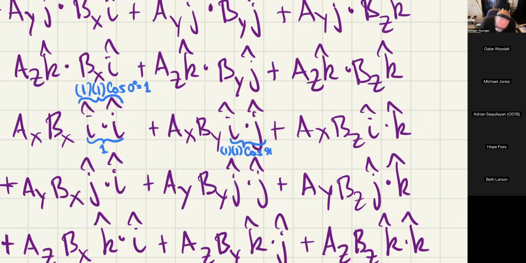And of course, the cosine of 90 is 0. So that means that i hat dot j hat, just like i hat dot k hat, just like j hat dot k hat, and so on and so forth. Whenever they're different, you're going to get 0. Whenever they're the same, you're going to get 1.